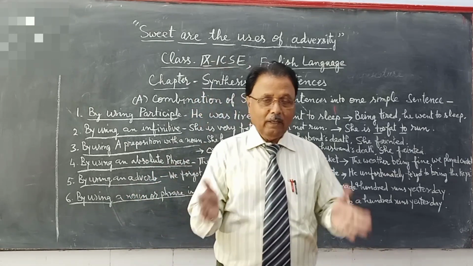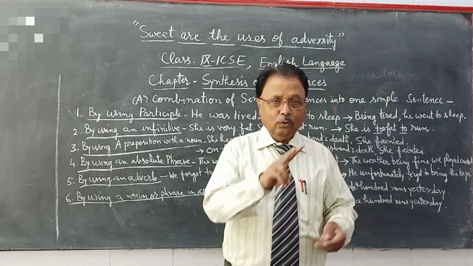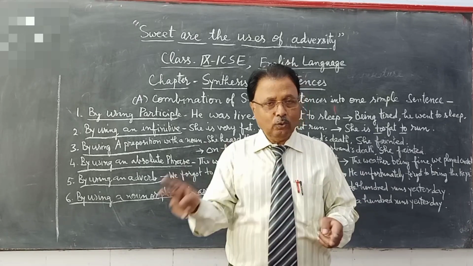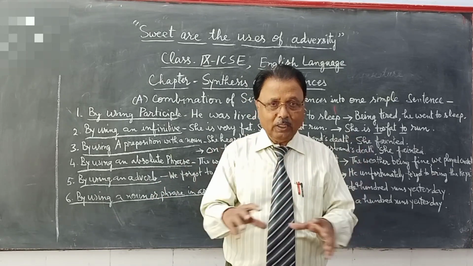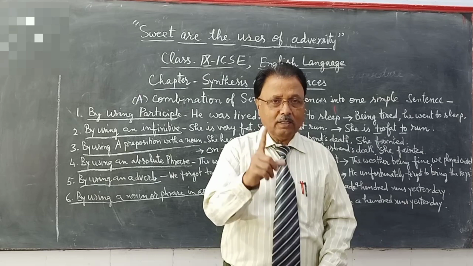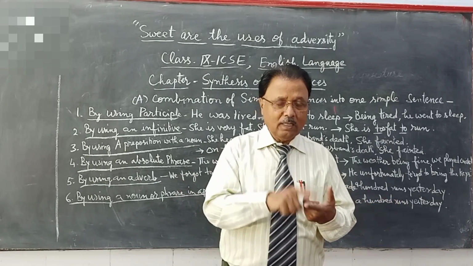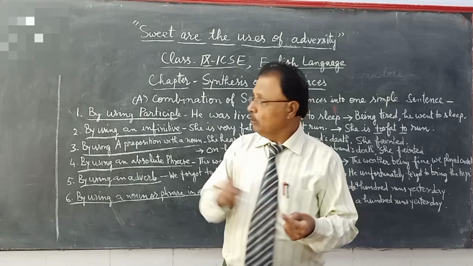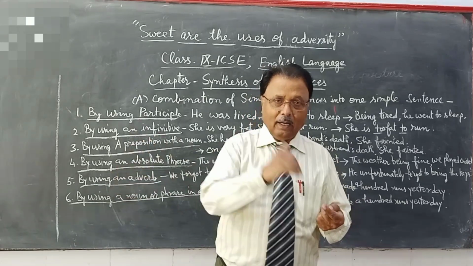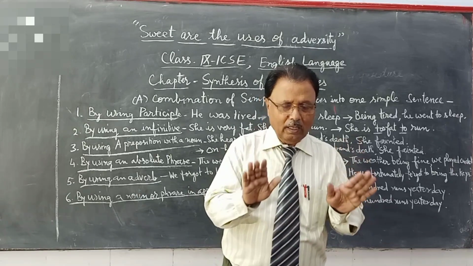If there are two sentences to join together, there will be two subjects and two predicates. But if we have to form only one sentence, then what will happen? One sentence will be changed into participle and the second sentence will remain the same.